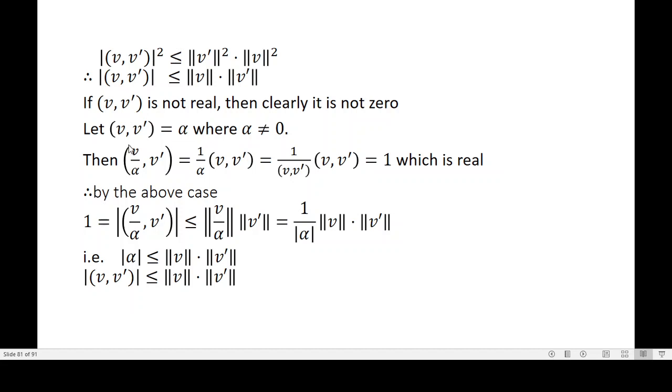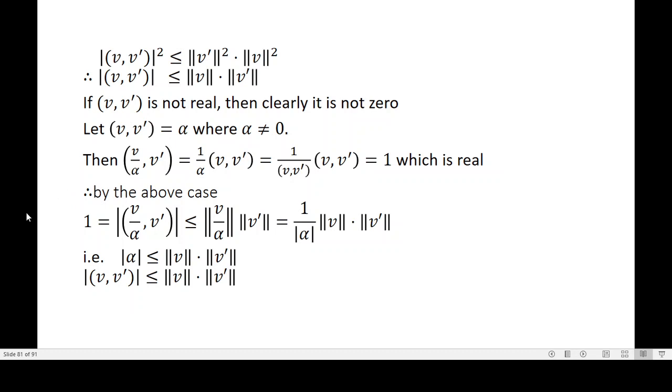Let us consider the inner product of v comma v dash equal to alpha, where alpha is not equal to 0. Then the inner product of v divided by alpha comma v dash is equal to 1 by alpha into the inner product of v comma v dash.